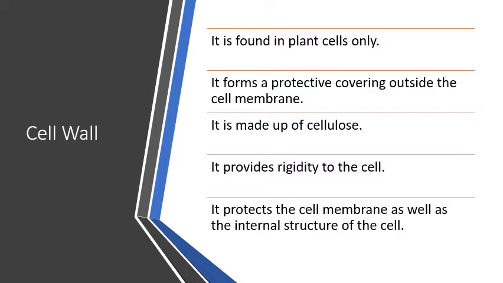It is made up of cellulose, and it also provides rigidity to the cell. Apart from all these, it also protects the cell membrane as well as the other components of the cell. One important point to be noted here is that the cell wall is present only in plant cells.